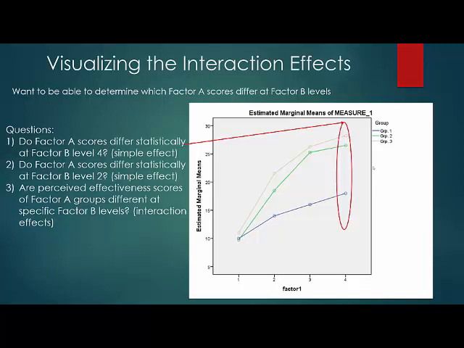But again, we would need to empirically test that. Likewise, we could ask, do factor A scores differ significantly at factor B level 2? The scores are pretty well spread out, but are they statistically significantly different across those 3 groups of administrators, teachers, and coaches within the second type of professional development training that we were interested in looking at?